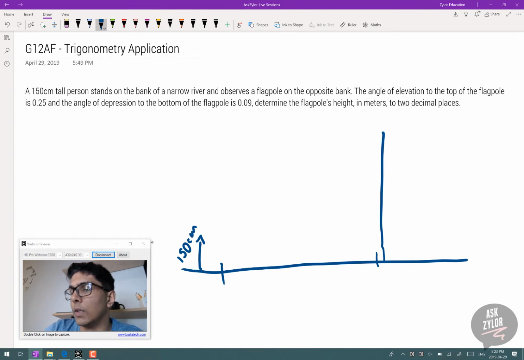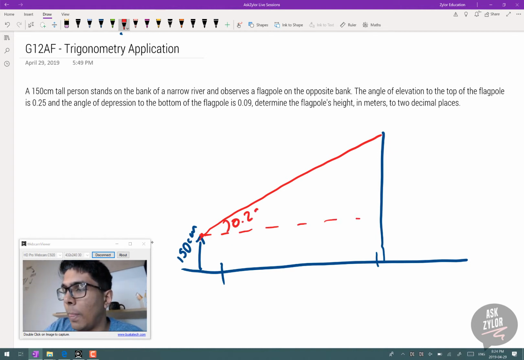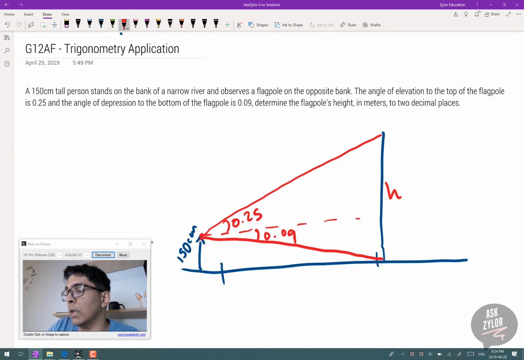The angle of elevation to the top of the flagpole would be from where the person is looking, measured from the horizontal, which would be 0.25. And the angle of depression to the bottom of this flagpole would be 0.09. We need to find this side length, which is the height.